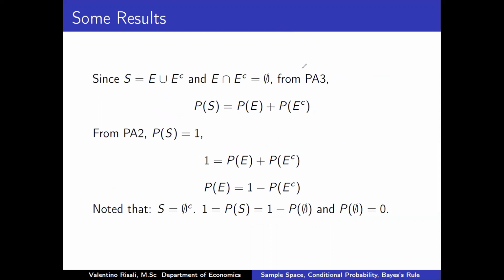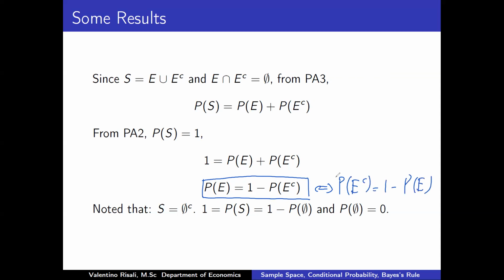Using these three statements, we can get the next formula, that is the relation between PE and PE complement. That is, PE is equal to 1 minus PE complement, or equivalently, PE complement is equal to 1 minus PE.